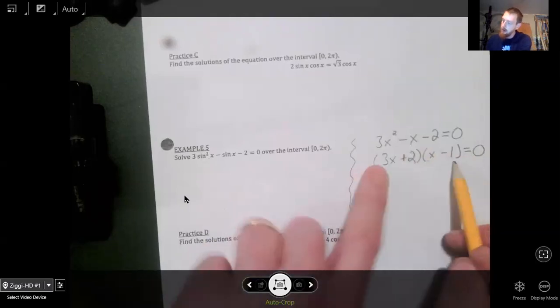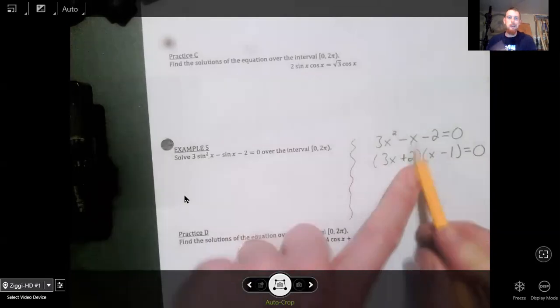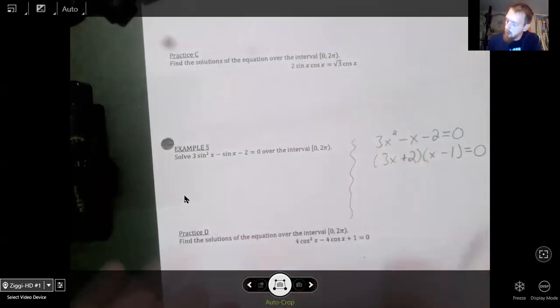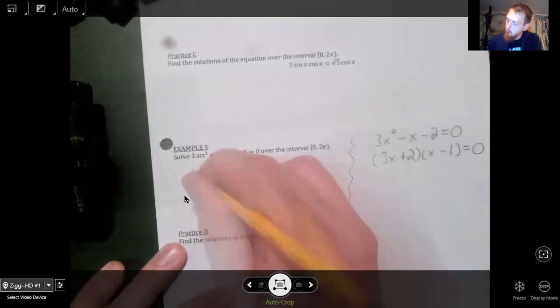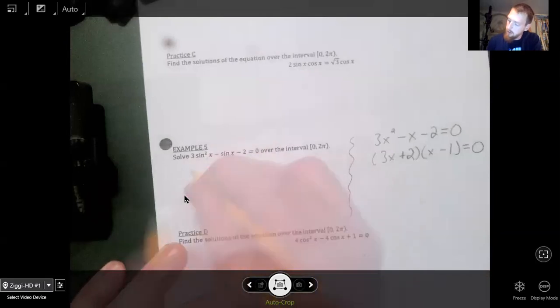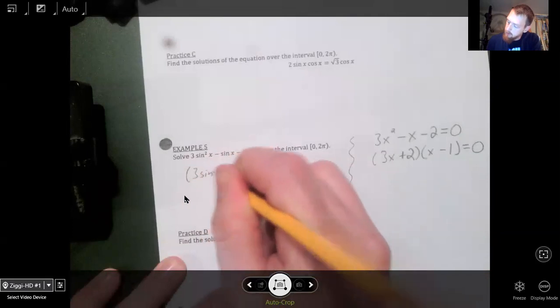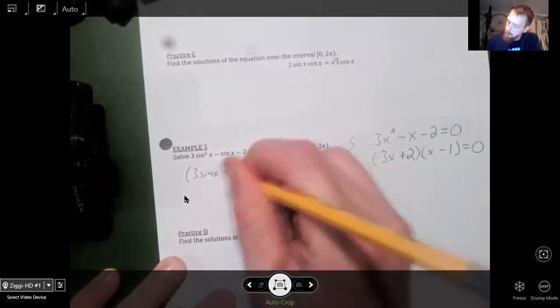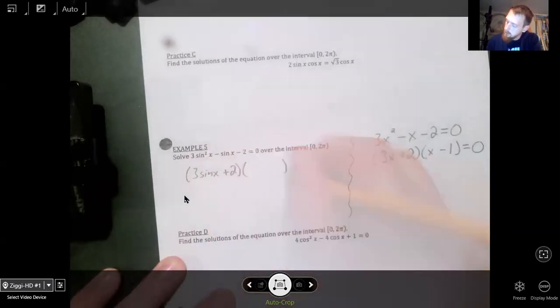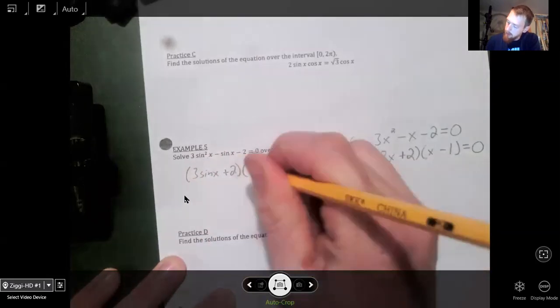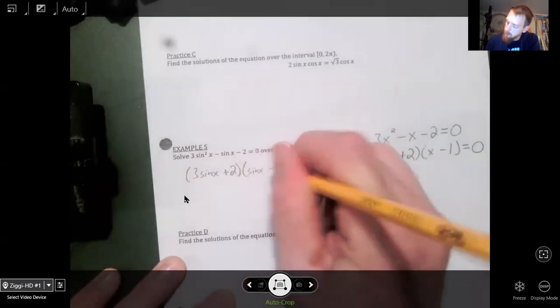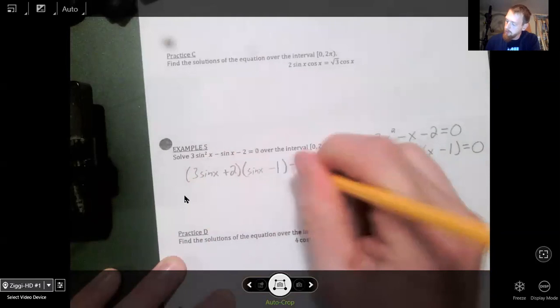So -3x plus 2x is -1x. That's exciting. So that's going to give us the corresponding trigonometric equation over here. 3 times the sine of x plus 2 times the sine of x minus 1 equals 0.